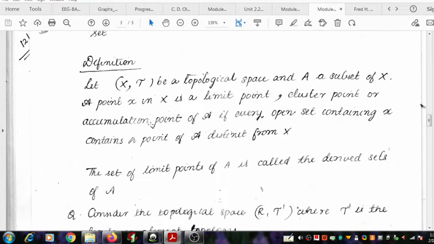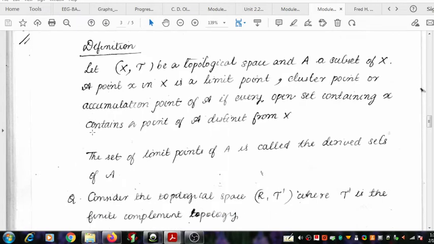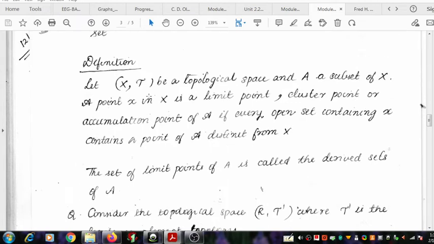How do we define the limit point? Limit point or accumulation point of a subset A of a topological space.